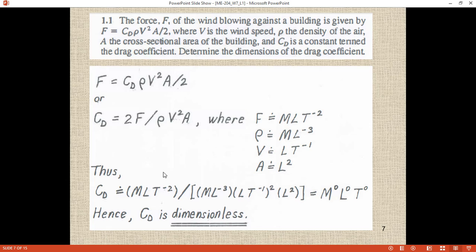When you solve all the equations, you finally get the power of M equals M naught, L equals L naught, T equals T naught. All have a power equal to 0, which indicates it has no units. All the dimensions have power 0, which means CD is a dimensionless number.